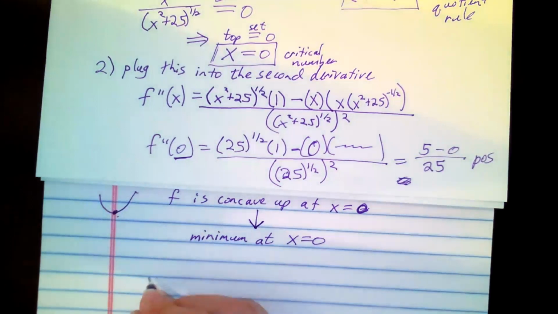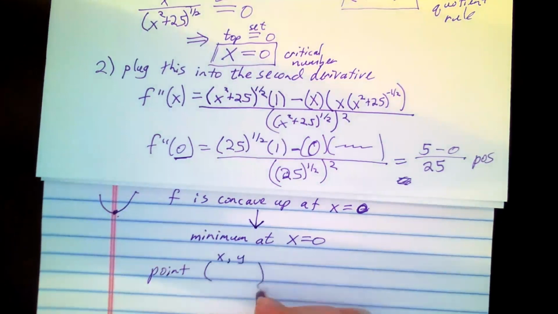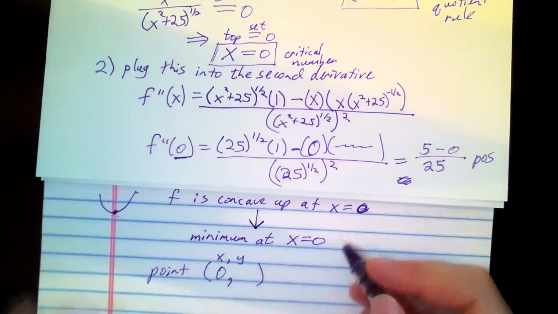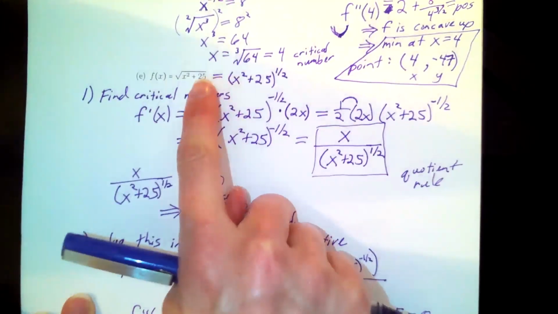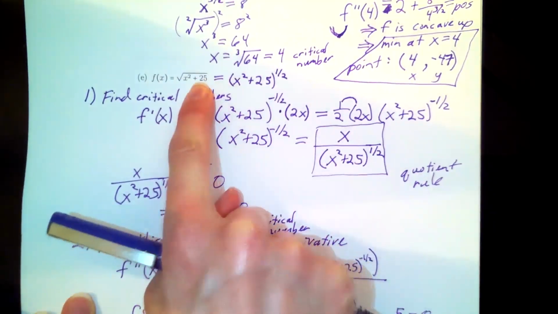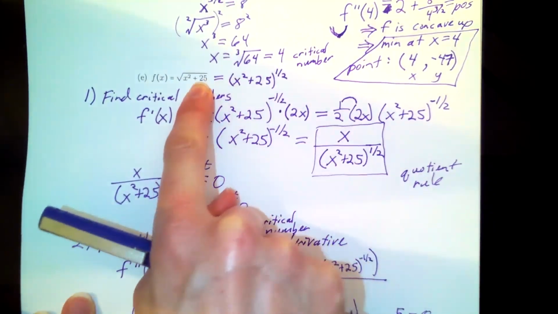So to put this as a final answer, let's find the xy point that corresponds to x equals 0. So x is 0, y is, if you take x equals 0 and plug that back into the original function up here, get your y value. Y values come from the original function.